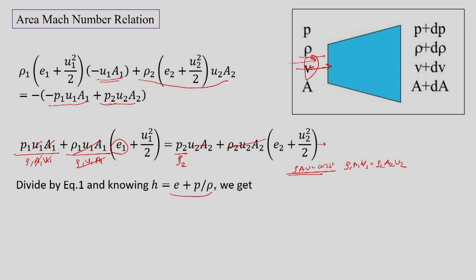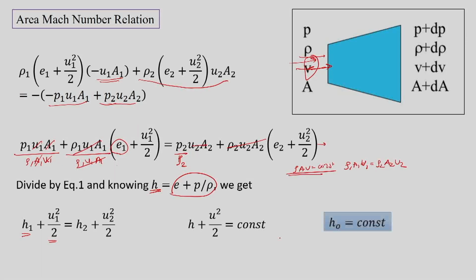This P by rho plus e is basically h, and hence we have an expression which states that h1 plus u1 square by 2 is equal to h2 plus u2 square by 2, which says that h plus u square by 2 is constant, that is, h naught is constant.